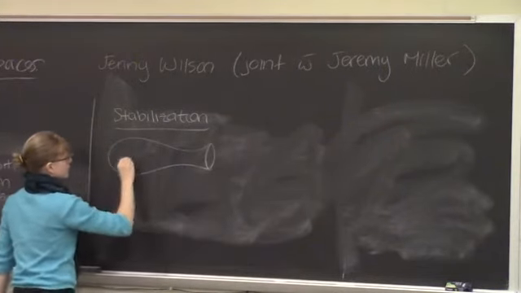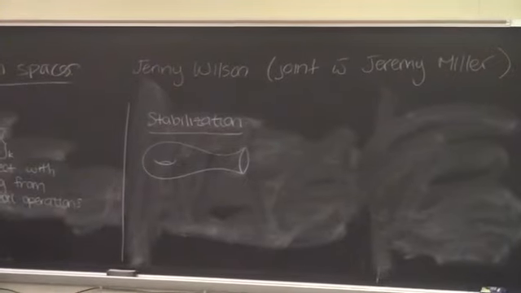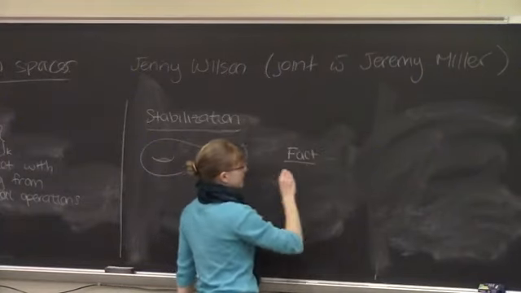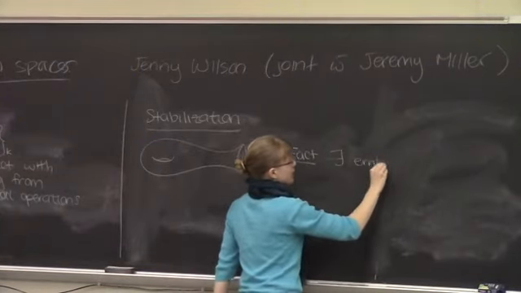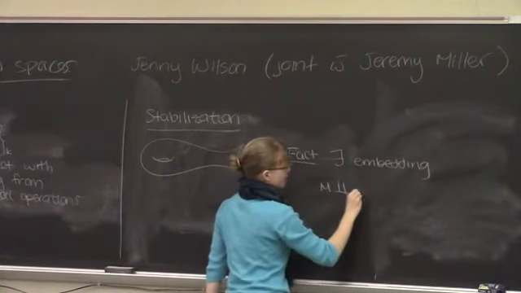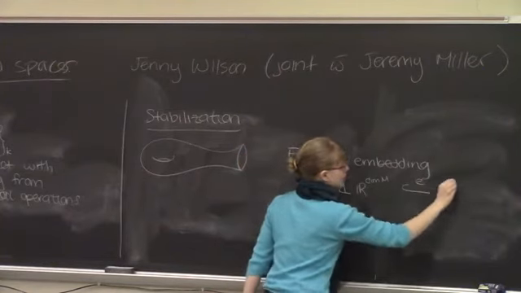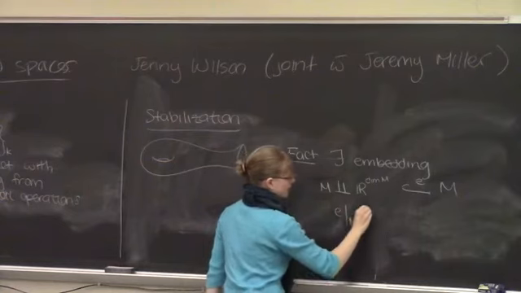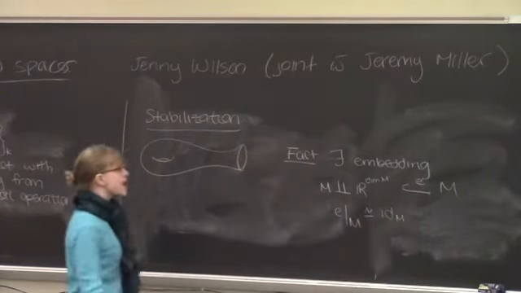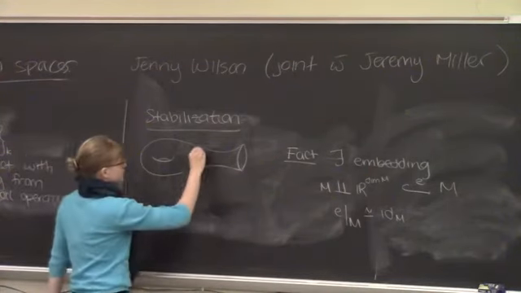Because we assumed that the manifold in question is non-compact, it's a fact that we can construct an embedding of the disjoint union of M and Euclidean space into M in such a way that the embedding of M is isotopic to the identity on M. And so here's the picture.